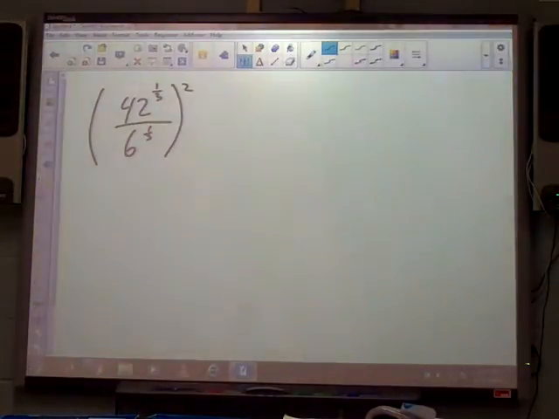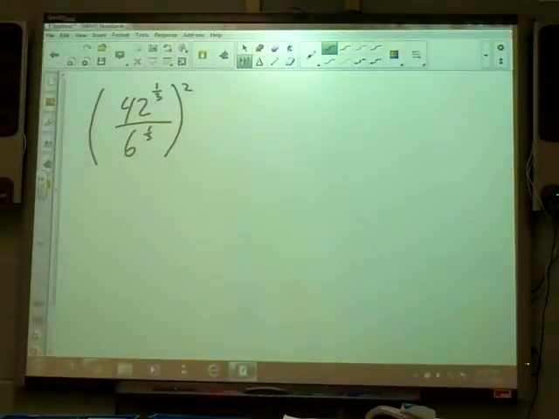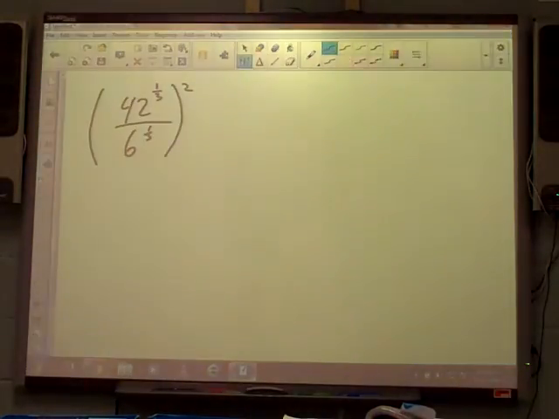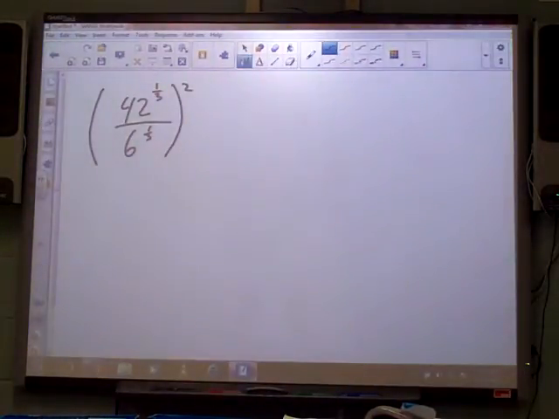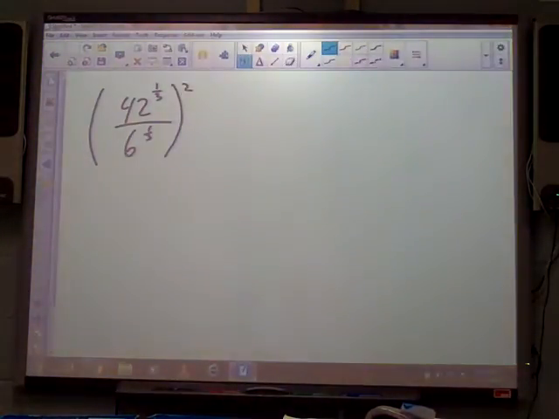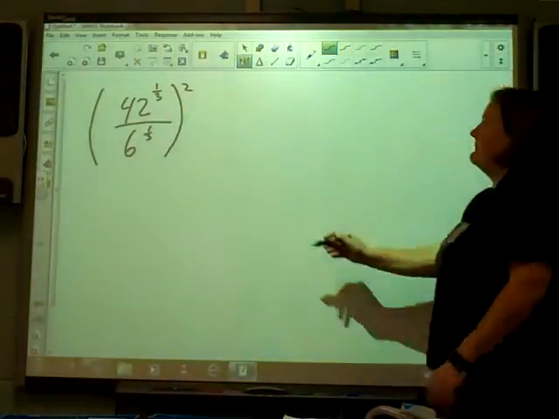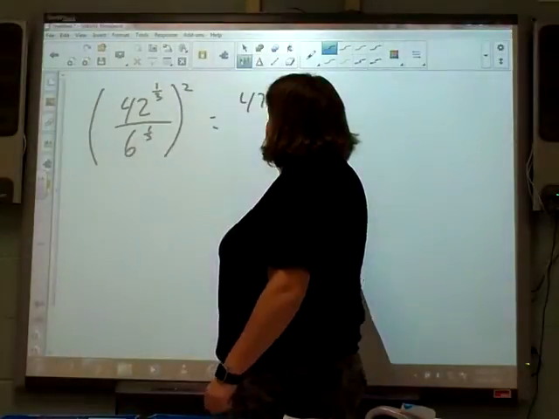Alright, I got 42 to the 1/3 divided by 6 to the 1/3, all to the second. Remember we did a multiplication one a minute ago where it was the same power throughout. We have that here. Inside that division problem, they both have a 1/3 power, right? You would just divide them.